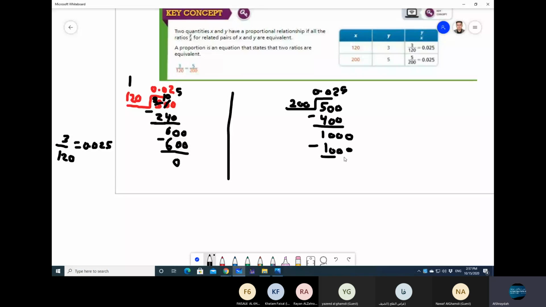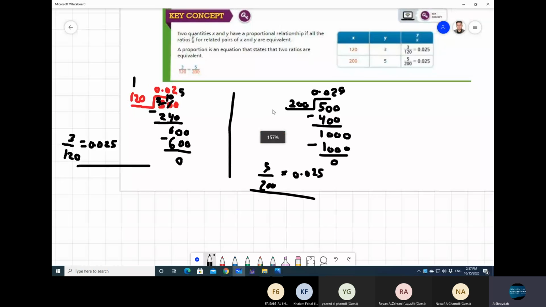So as you can see, 5 divided by 200 gives you 0.025 also. So as you can see, here the ratios are equivalent. The proportion is an equation that says that two ratios are equivalent.